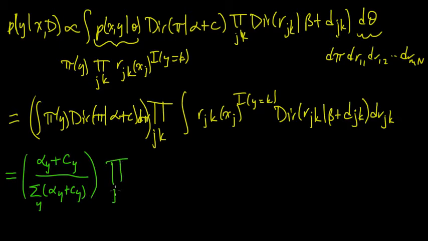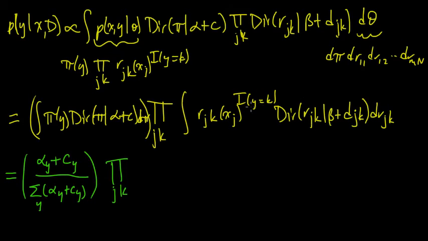And now let's think about each of these factors. Here we have something very similar. These are expectations also with respect to the distributions on r_jk. First, if k doesn't equal y, then in those factors the exponent is 0, so this is just 1. And we're integrating with respect to a probability density, so that just integrates to 1.